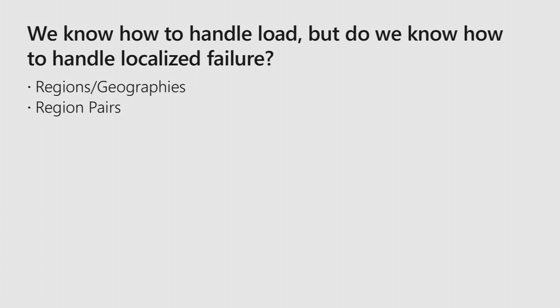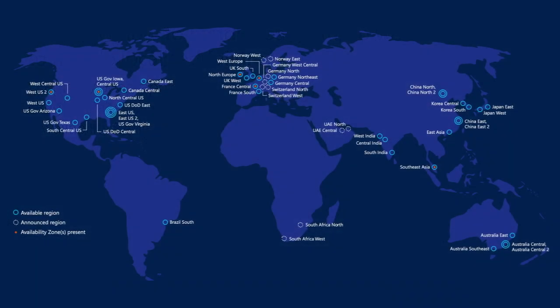So we've got regions as individuals, we've got region pairs as a matched set of data centers. And then we've got the availability zones, and the availability zones are going to be within a region, being able to spread things across individual failure domains or racks, or however the availability zone is defined within that region.